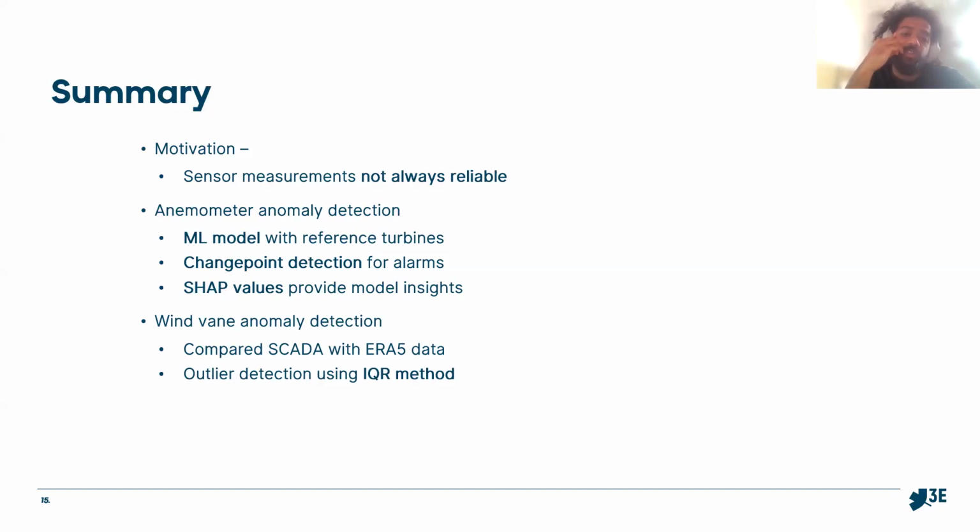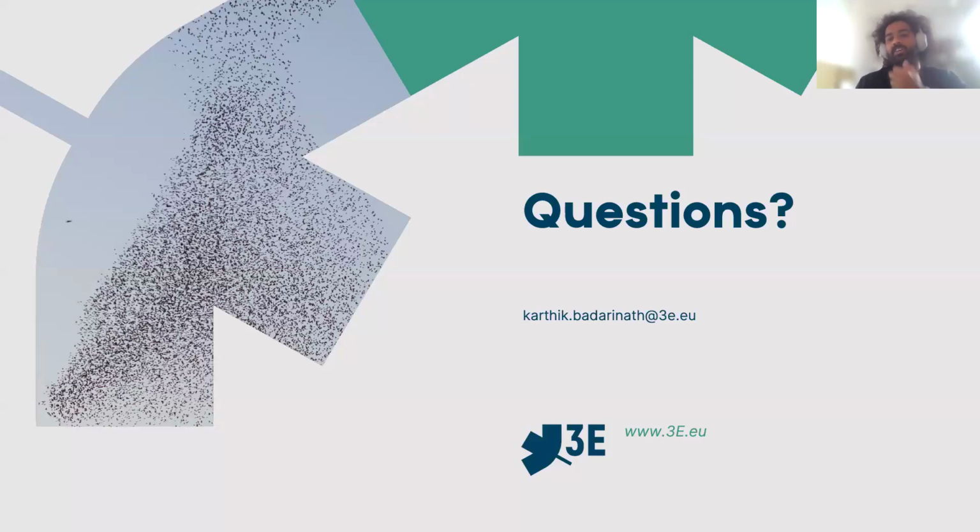So in the future we may replace this ERA5 with the deep learning model we have to downscale the ERA5 to mesoscale models. And the outlier detection here, as I told, is based on the interquartile range. So this was it, I guess.